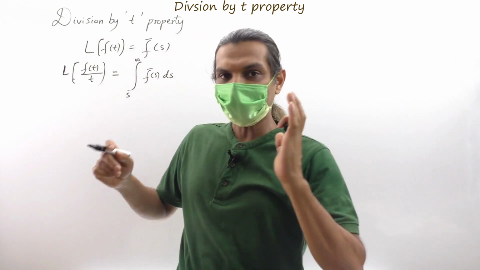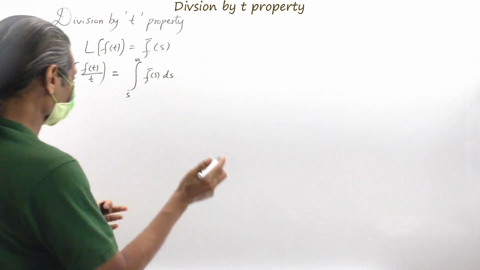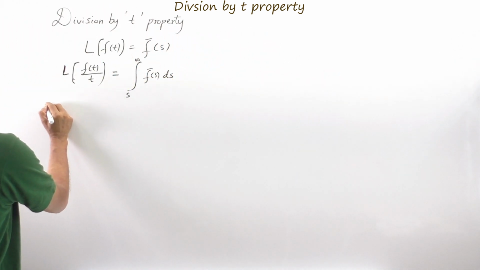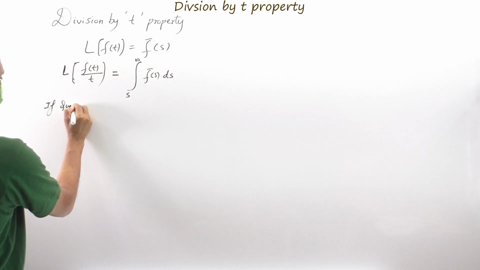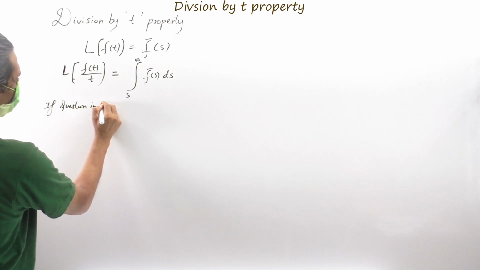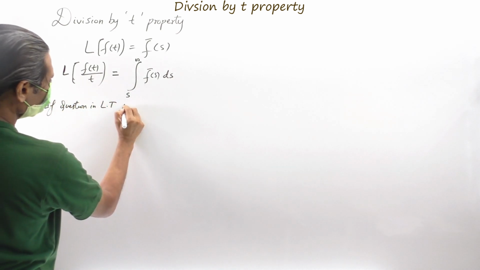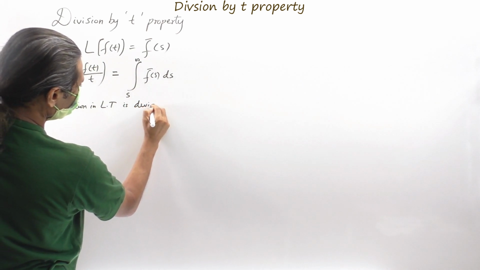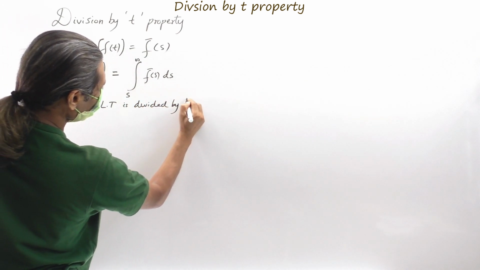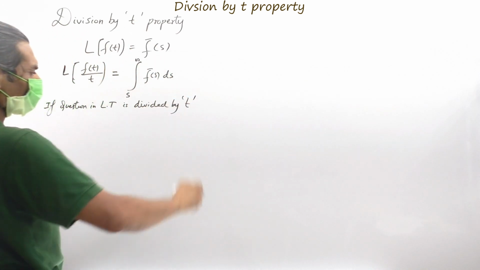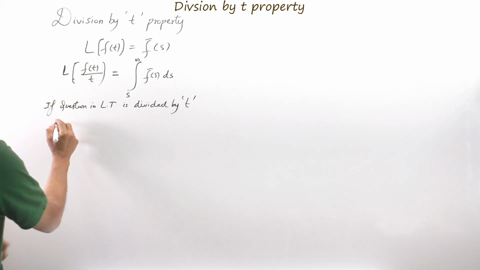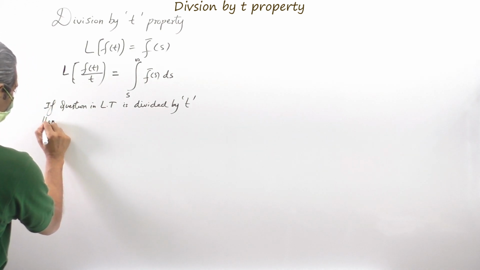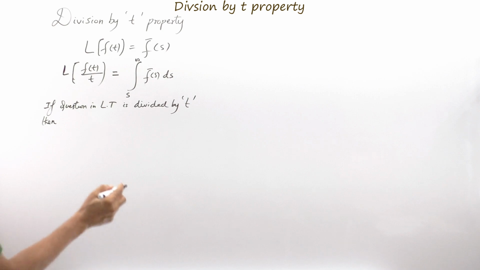Now, in simple words, I can put it like this: if the quotient in Laplace transform is divided by t, then what we will do?